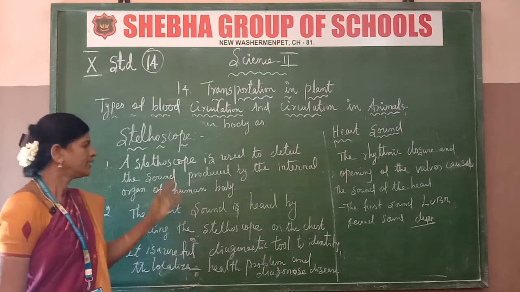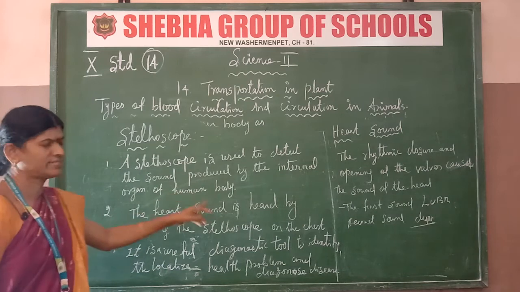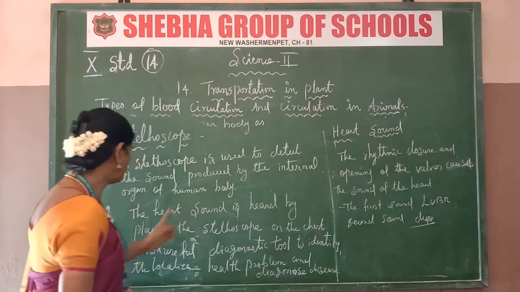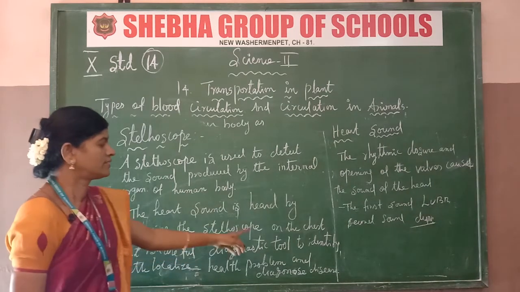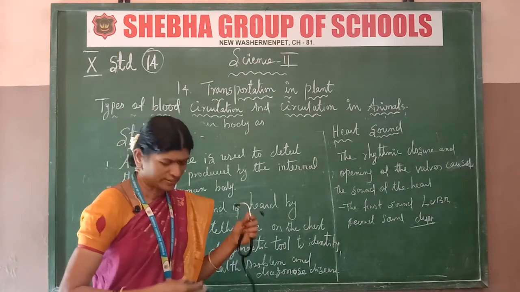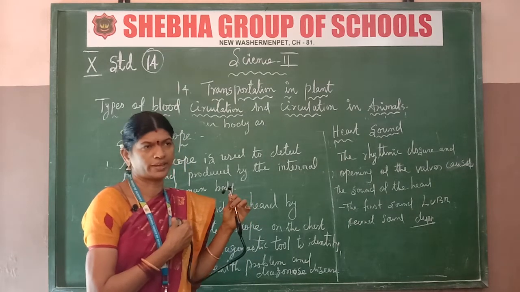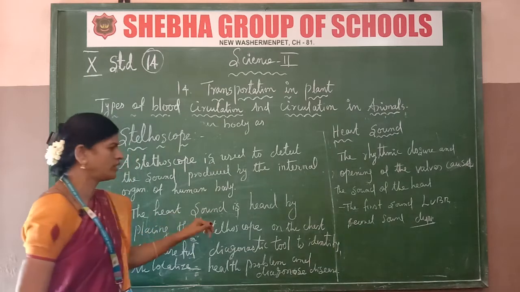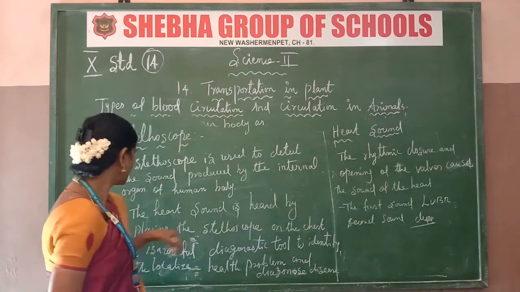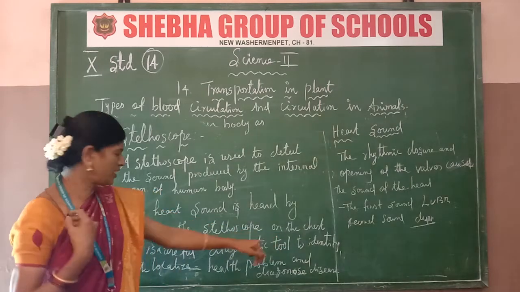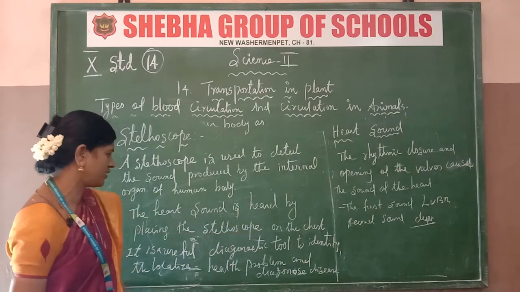It's clear. Next one, the heart sound is heard by placing the stethoscope on the chest region. Okay.